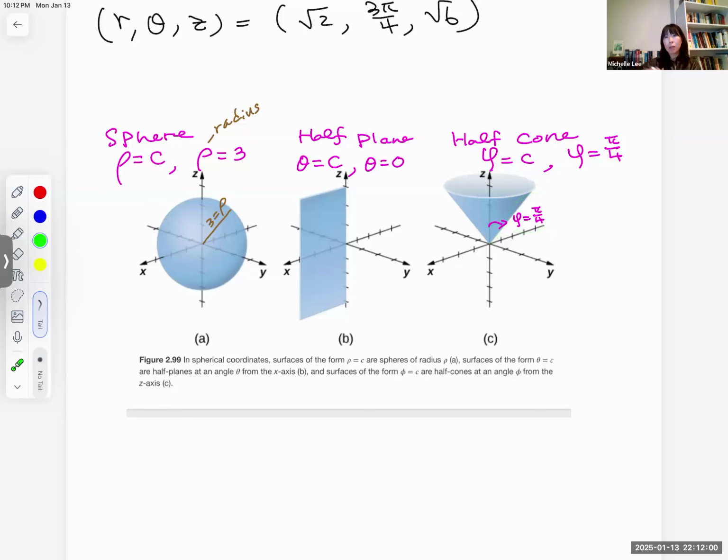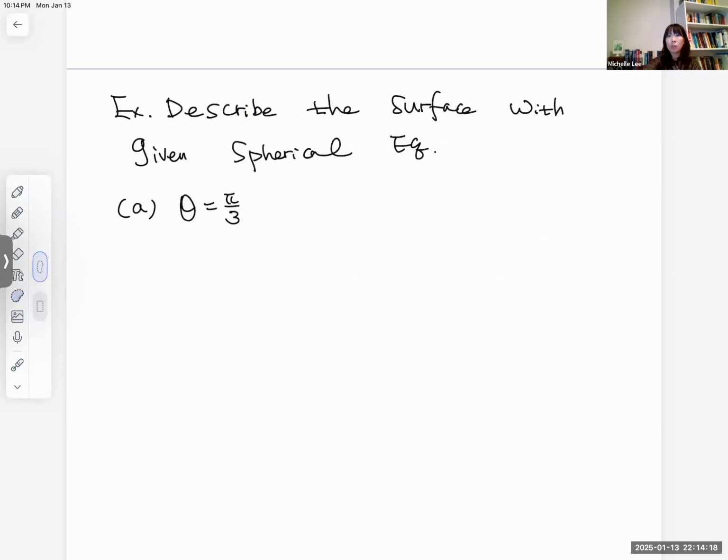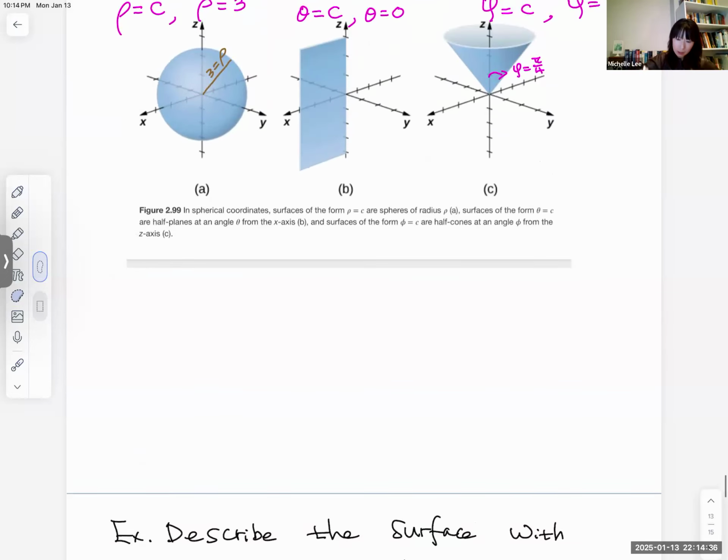Yeah. Okay, let's do an example. Describe the surface with the given spherical equation. So theta equal to pi over 3. Theta we measure from the positive x-axis. So we have a half plane like earlier, right?